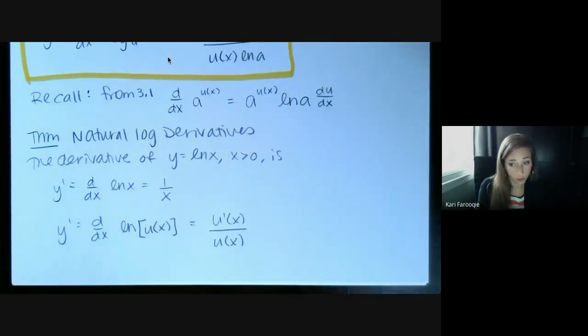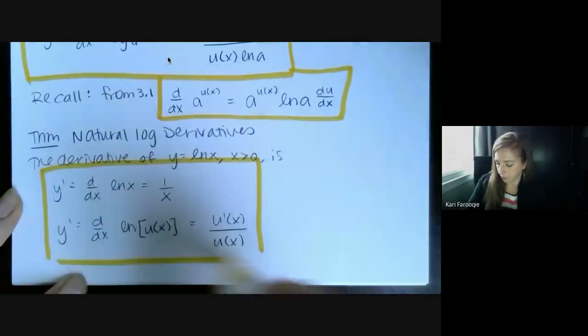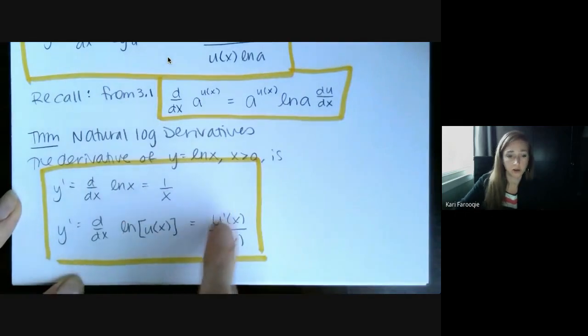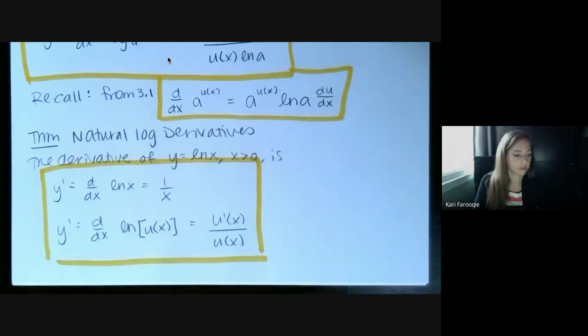And you're going to use that rule all the time. You can still put a box around it if you'd like. But this one is one that you're going to be just using constantly, constantly, constantly. Natural log u of x.